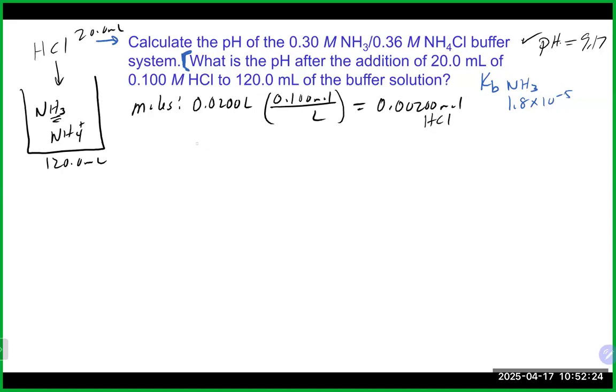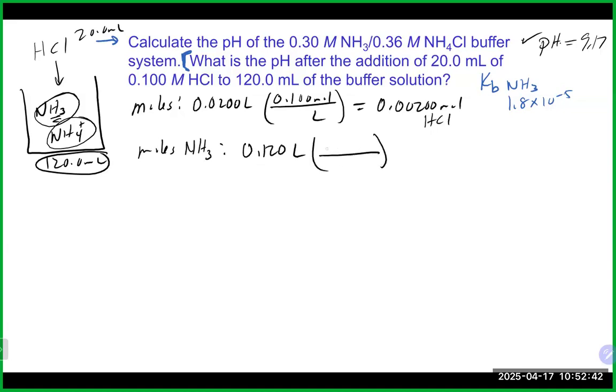We'll do the same thing for our buffer. Again, that 120 encompasses the volume for both parts of the buffer since they're in the same beaker. So our moles of NH3 first is going to be 0.12 liters times the molarity, 0.3 moles per liter. And that's going to get us 0.0375 moles of NH3.